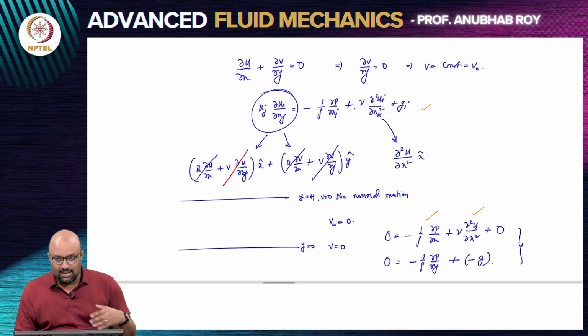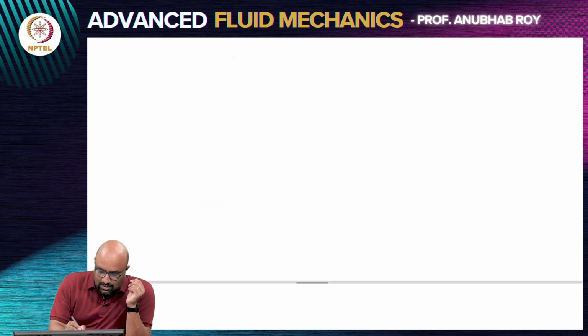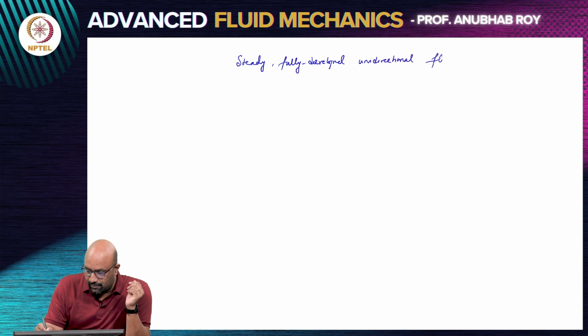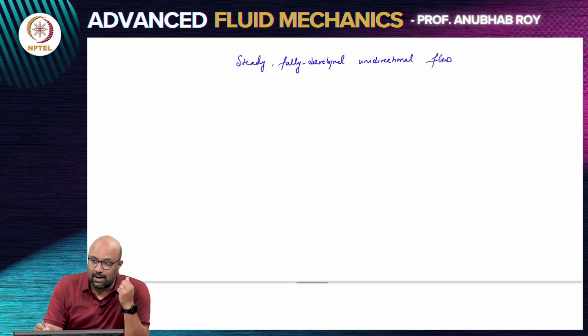So now we will consider different forms of this to actually look at various steady, fully developed flows. And the flows that we have in mind are also unidirectional, which means it's flowing only in one particular direction.